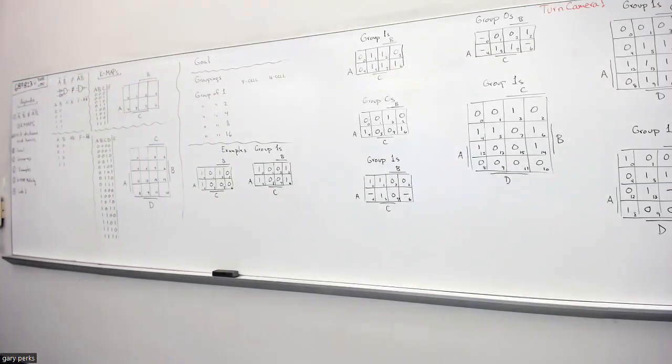So on each table, we put this same handout from last week that has the truth table for the logic gates and also laws and identities for Boolean output.